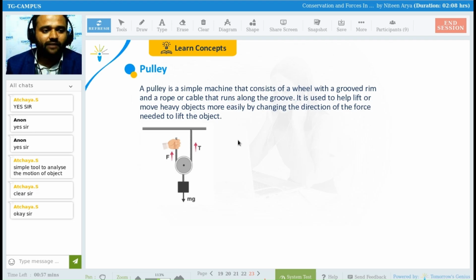In wells we have a pulley, and with the help of the pulley we can pull the bucket of water from the well easily. But still, in this pulley system there is the force you apply, there is tension force in the string, and there is the force mg of the mass you are going to pull up. Clear?